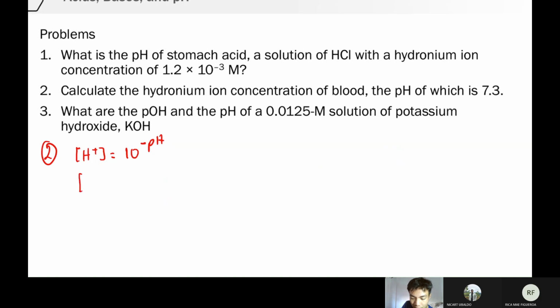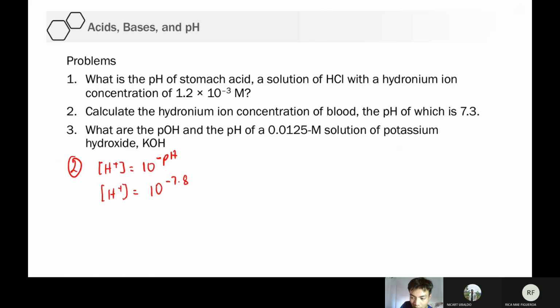So that's H plus equals 10 raised to negative 7.8. Ay, 7.3 pala. Teka lang, erase ko. So that's 10 raised to negative 7.3.